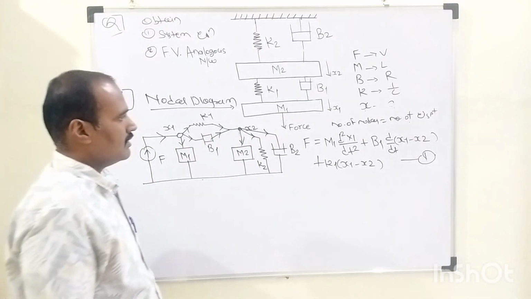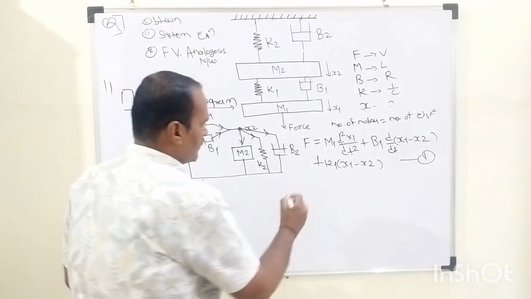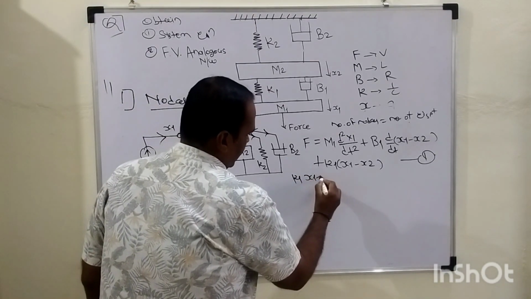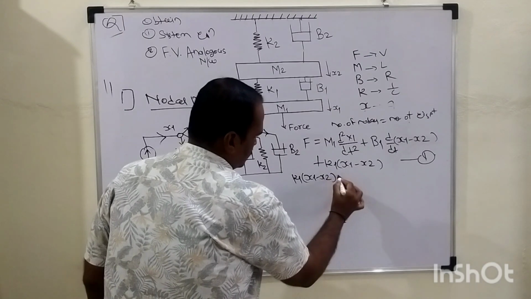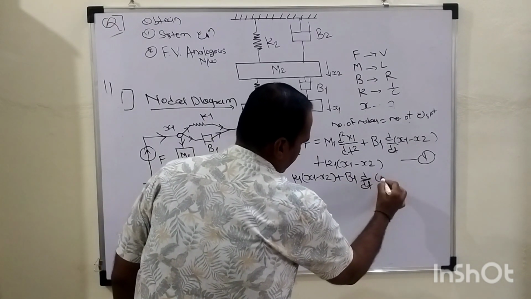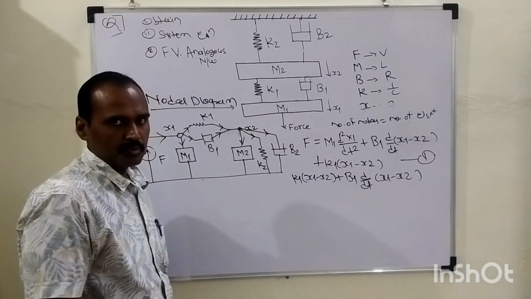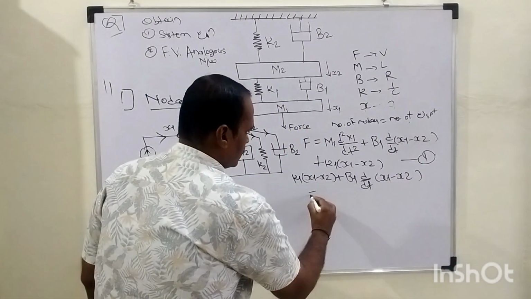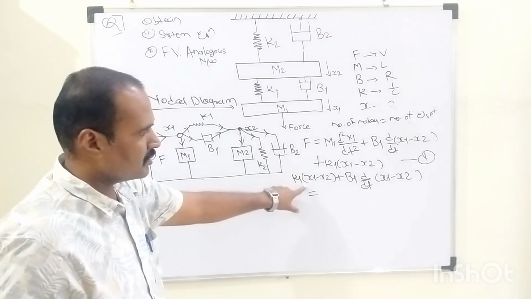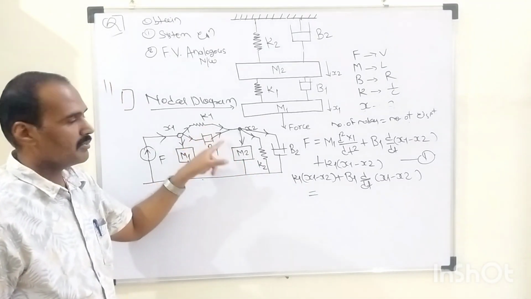So what will the system equation at node number 2 become? It will become K1 into x1 minus x2 plus B1 into d by dt of x1 minus x2, right, equals to, right, because this entire term, which is written on the left hand side of this assignment operator, is the sum of incoming forces.